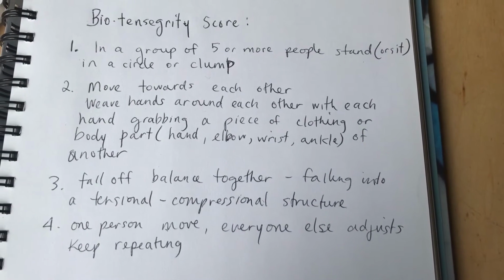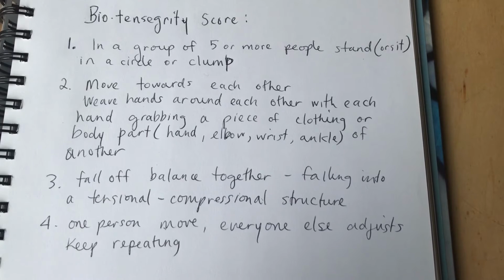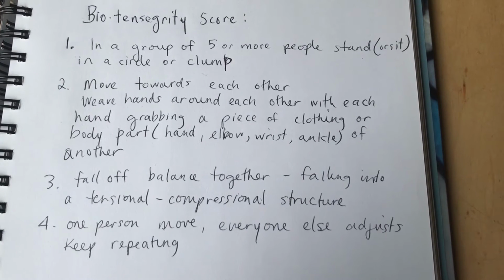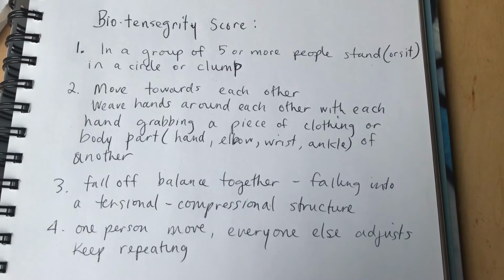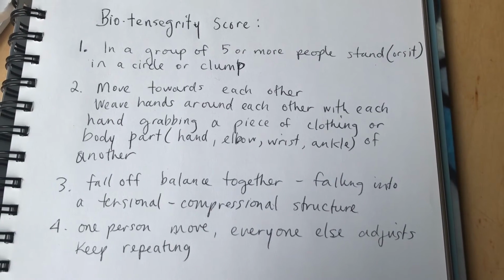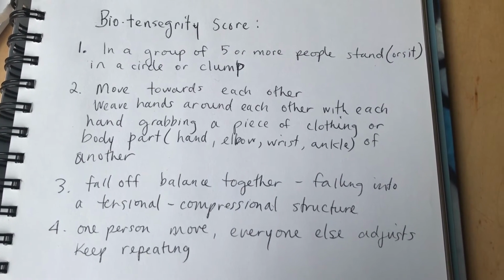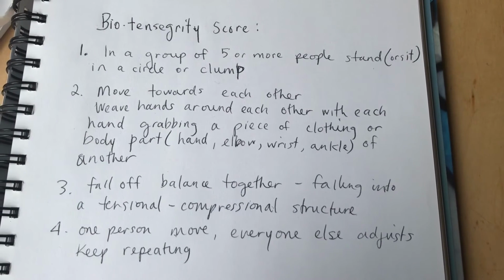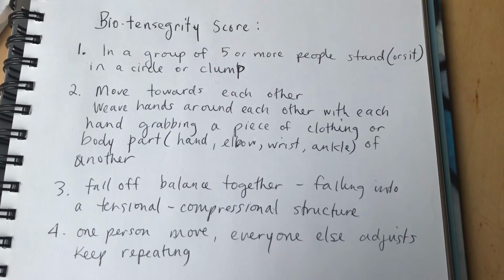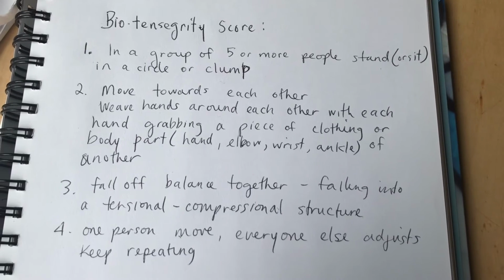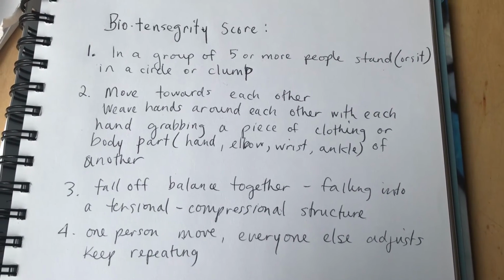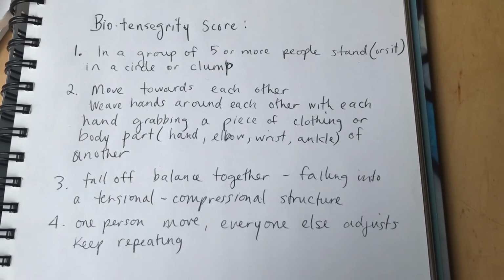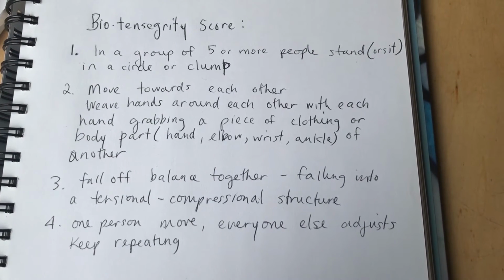The score was first created in relation to the tensegrity model in Humboldt. The group that was working on the score wrote it as the following. 1. In a group of 5, stand in a circle without touching. 2. Move towards each other, weaving hands around each other. Each person grabs a piece of clothing or body part, such as shoulder, elbow, hand, or wrist, from somebody else. 3.